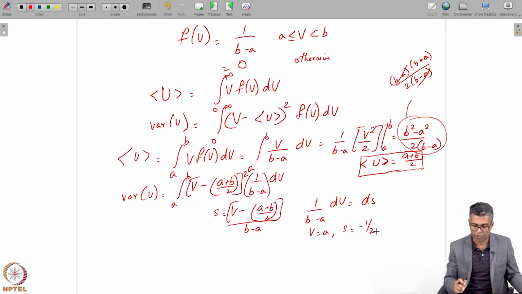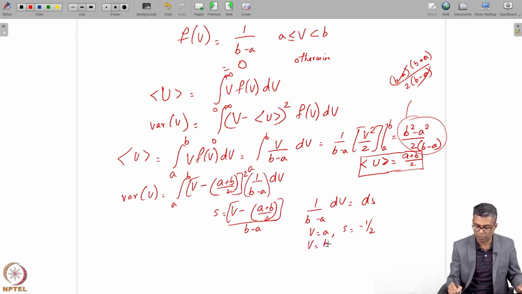You just have to substitute v equal to a in here, and you will have (a − (a + b)/2) divided by (b − a). That a minus a over 2 becomes a over 2, and then you have (a − b)/2 divided by (b − a), so s becomes minus half.